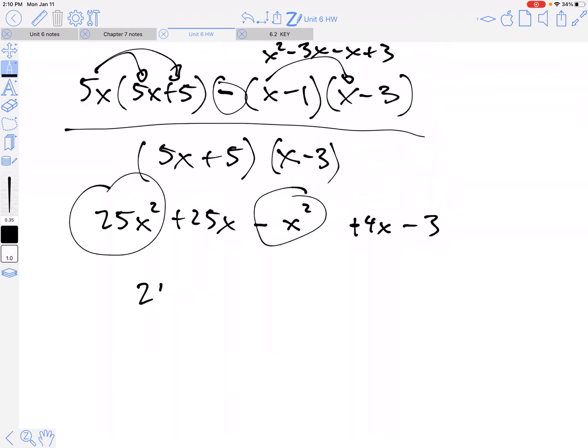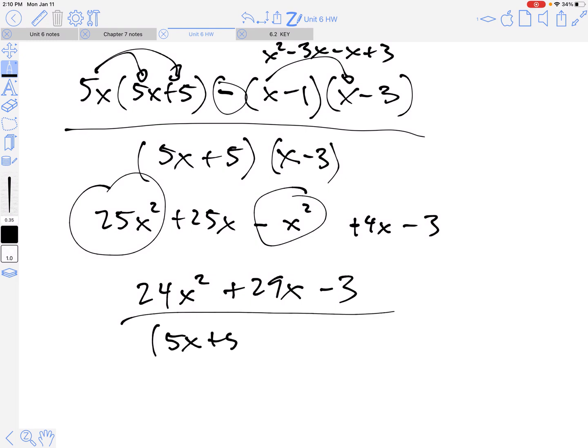Okay, then I'm going to combine like terms here. So I'm going to get 24x squared plus 29x minus 3, divided by, and I'm just going to leave this because if we can factor the numerator, it might cancel out. So I don't want to multiply that. All right, so I'm going to check this.